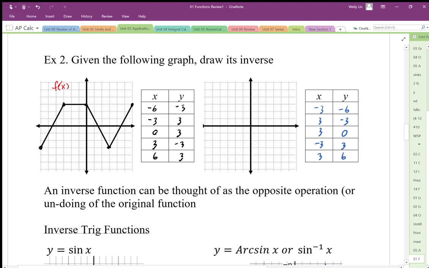So when I draw these coordinates, -3, -6, 3, -3, 3, 0, -3, 3, and 3, 6, this then becomes my new function.